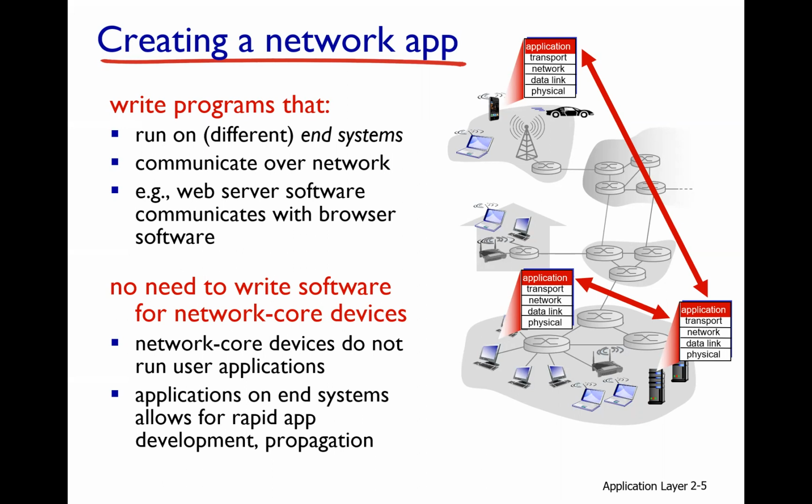That is, the network architecture is fixed, and it will only provide a specific set of services to the application. And when it comes to the application architecture, the programmer can make a decision on whether they want to have a client-server model or a peer-to-peer model.